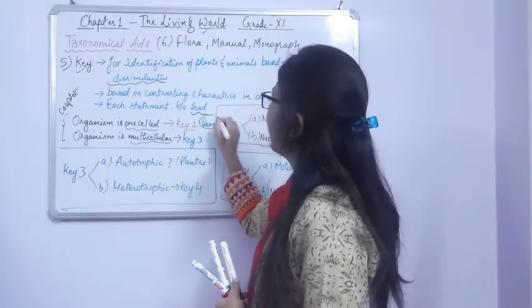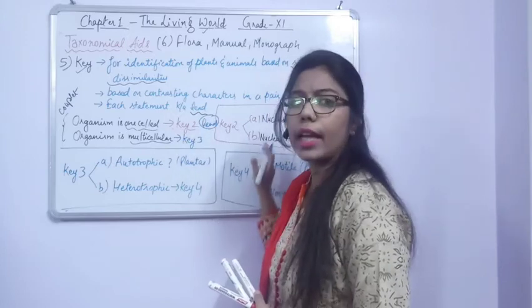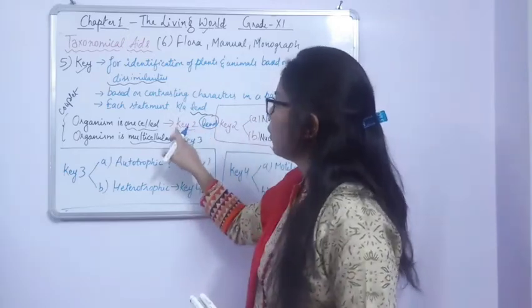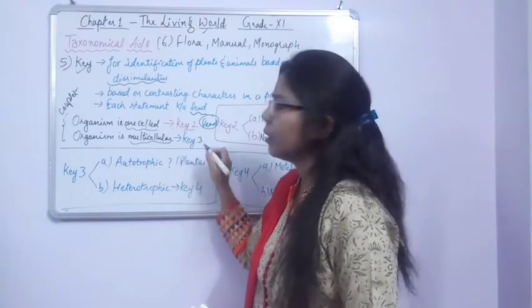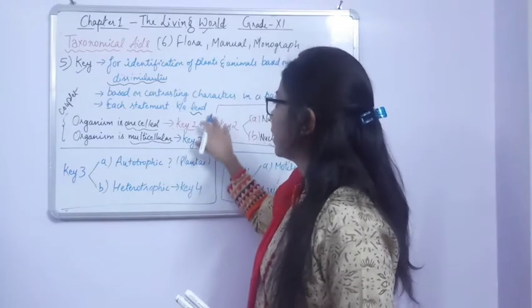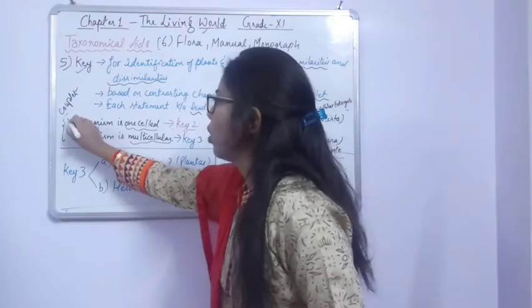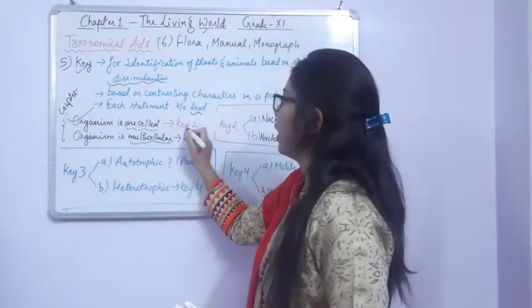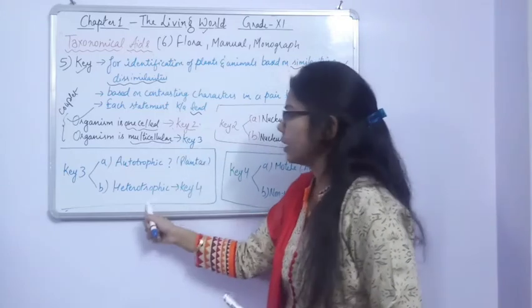In each statement you will find some lead, and following this lead you will get your answer. If you select key number 2, it is the lead, and if you select key number 3, it is also a lead, because on the basis of these leads you will get your conclusion. So we have selected the first one, organism is one cell, so we go into key 2, and if you select key 3, it is a different condition.